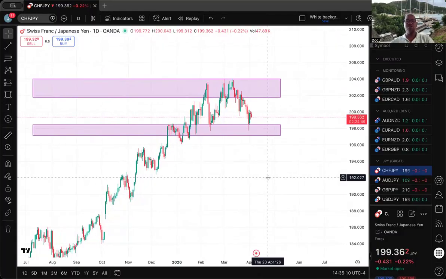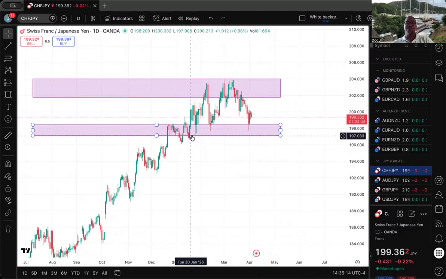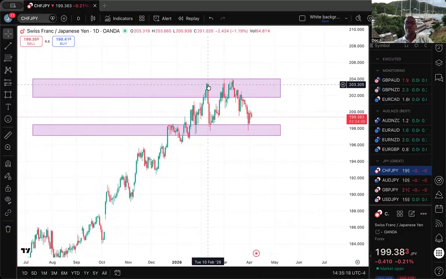So if price is bullish, it will buy off of our support and move toward an area of resistance.